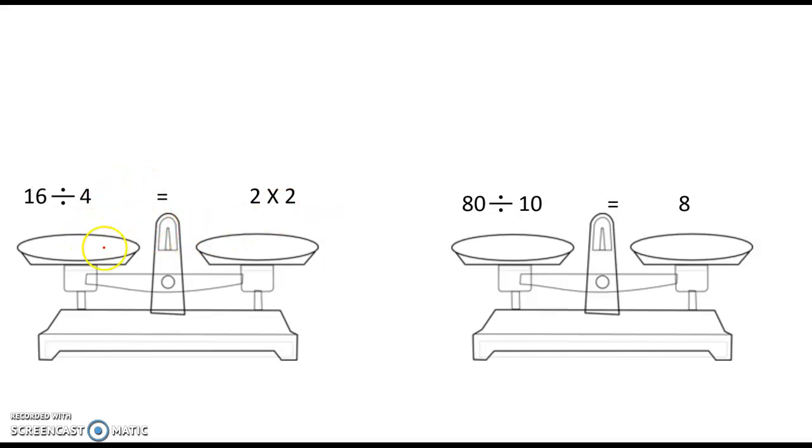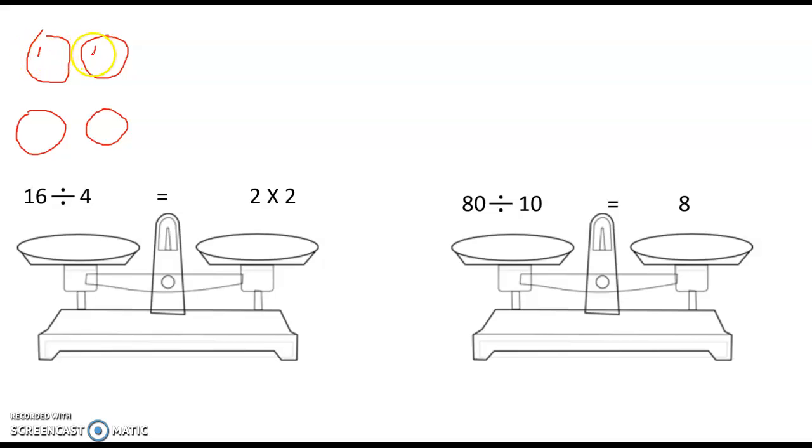Let's take a look at this one. This one's a little different. We have 16 divided by 4 on one side and 2 times 2 on the other side. So let's solve these. 16, we're dividing it into 4 equal groups. 1, 2, 3, 4.